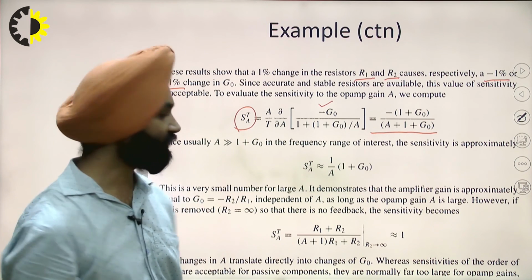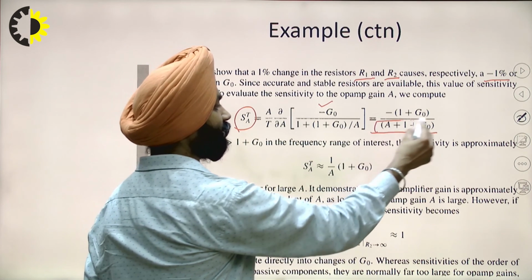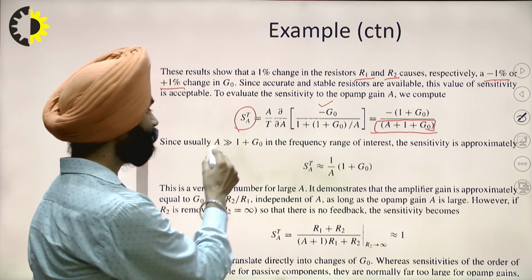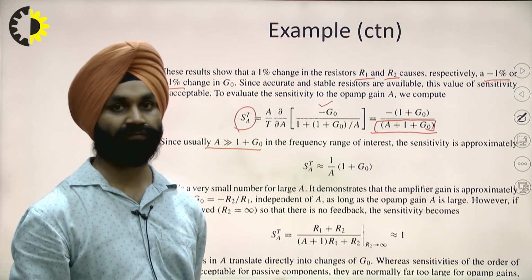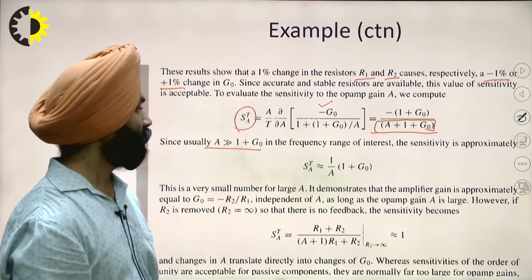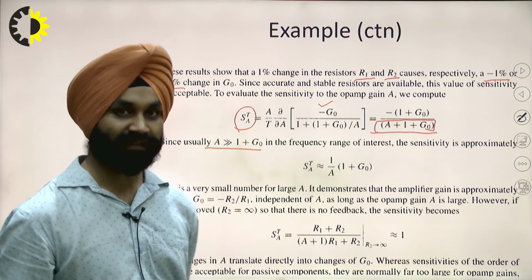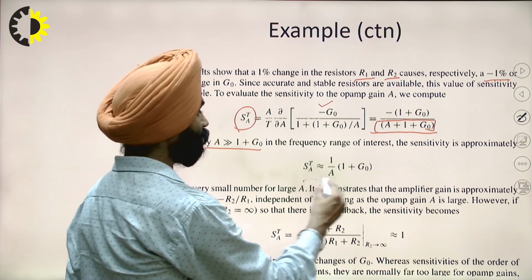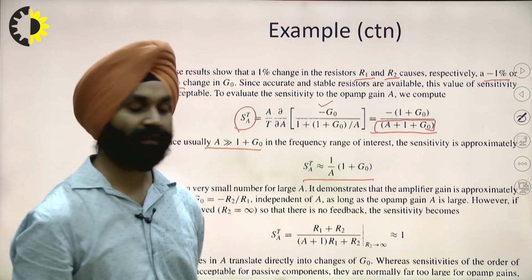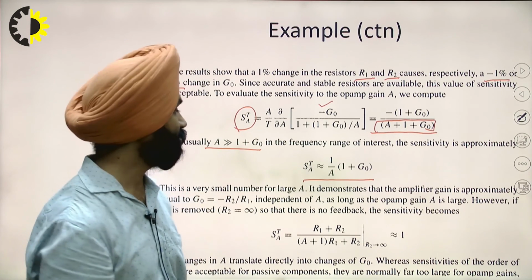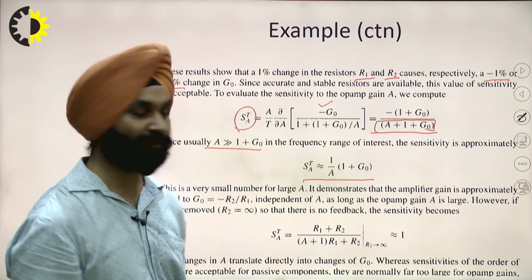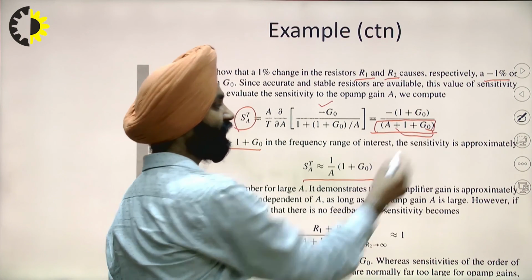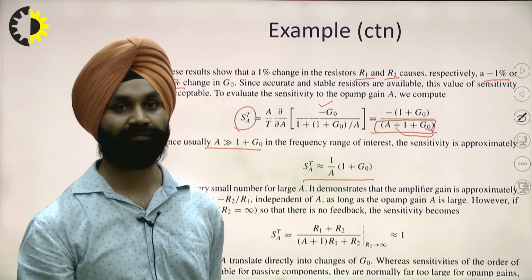So we can say that in this denominator, A is much greater than 1 plus G0, or we can say that it will be equal to 1 by A into 1 plus G0, ignoring this value as it is much lesser than A.